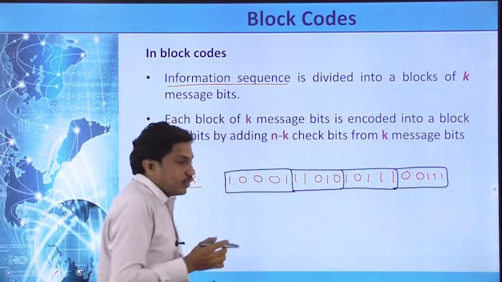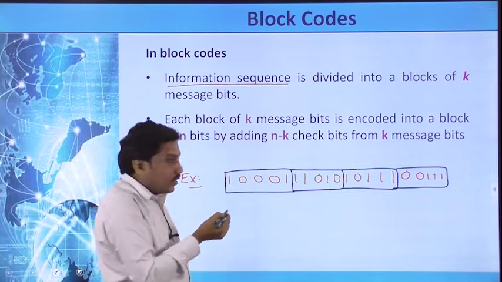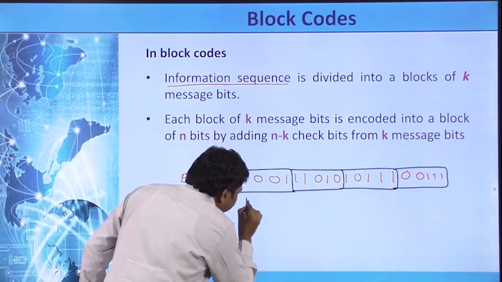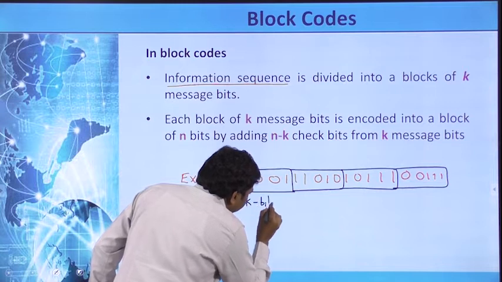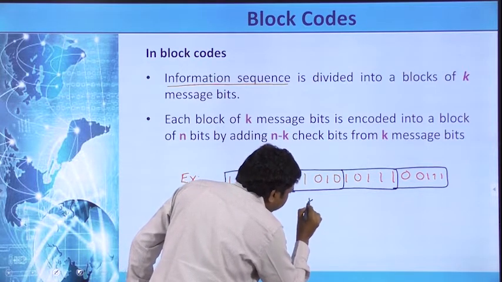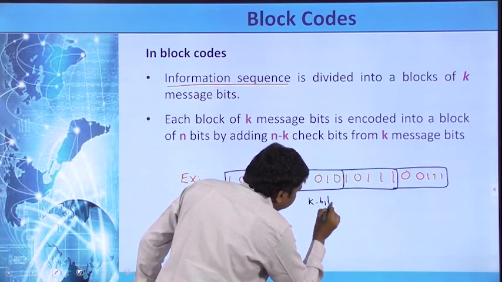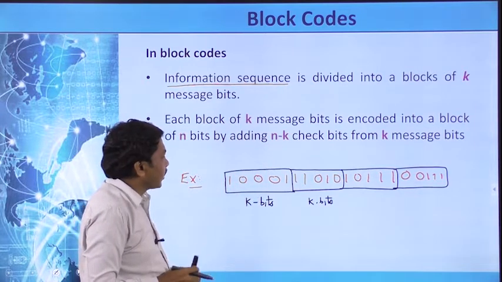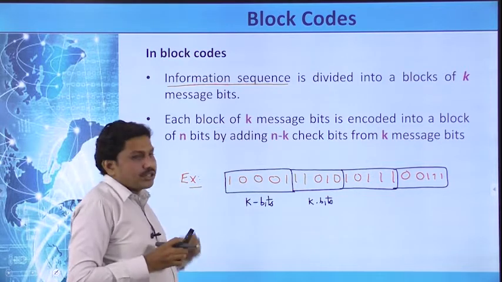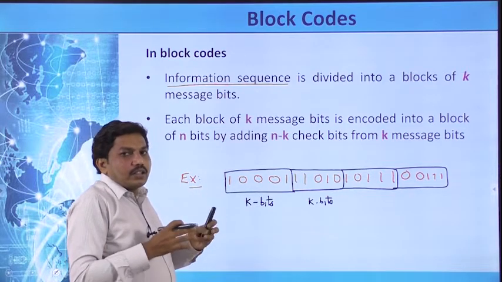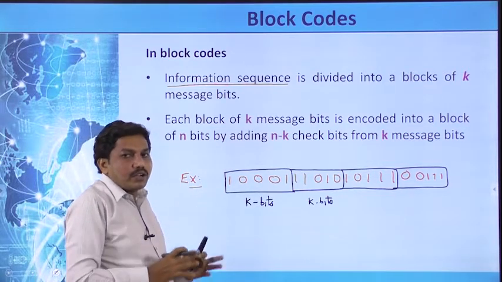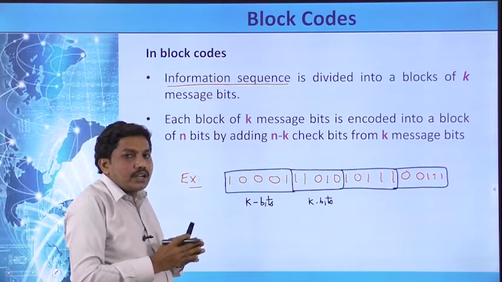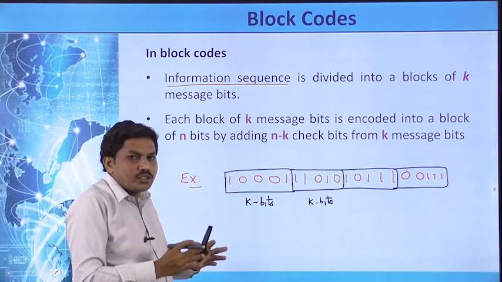That is, this is the block. The length of the block is k bits. The length of each message block is k bits. So here in this case k means 5. Right? So look once again. Here these are the information bits. The first step in the block code is that the information bits are divided into blocks.